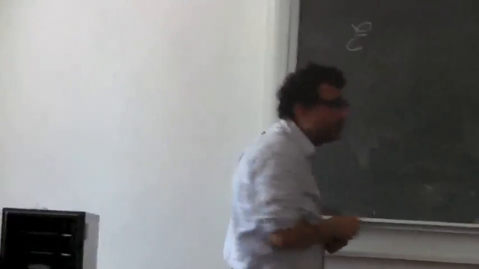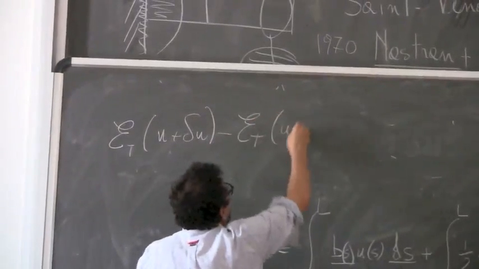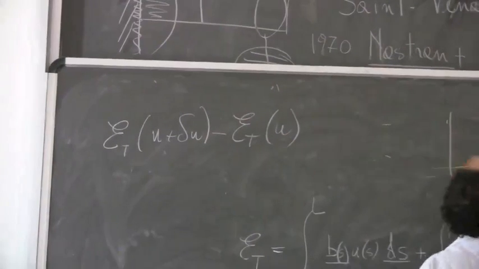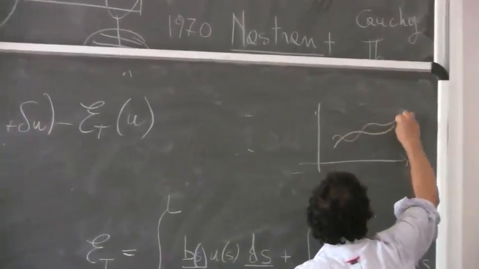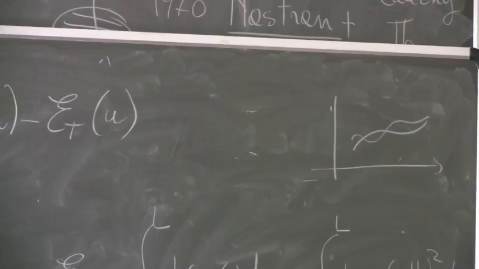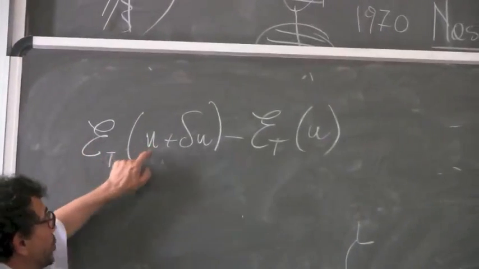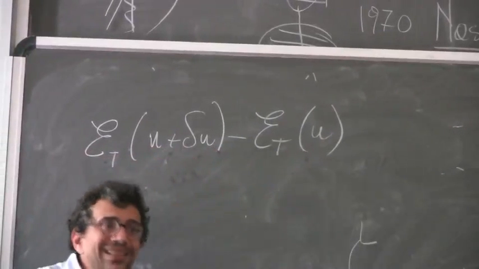So I write the variation of the total energy. What do I do? I consider one shape, and I consider another shape which is obtained from the previous one by adding a small disturbance. And I try to estimate the difference between the total energy at u plus delta u minus the total energy at u.